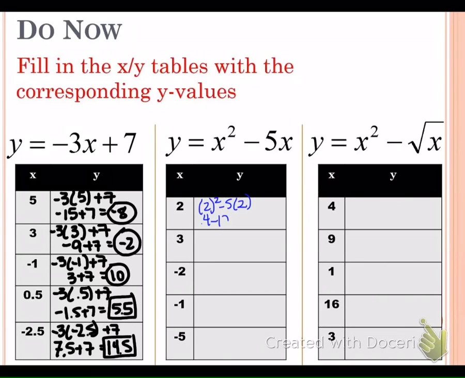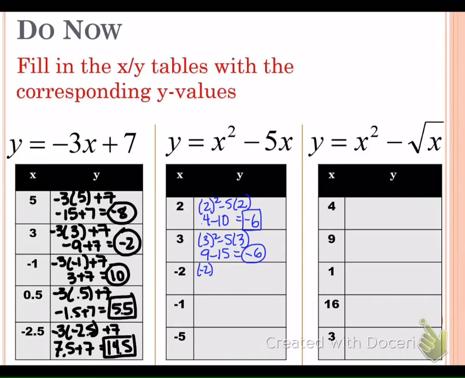4 minus 10 is going to give me negative 6. Doing it for 3. 3 squared minus 5 times 3 is going to give me 9 minus 15, which is negative 6.